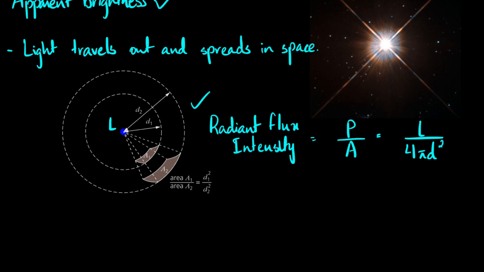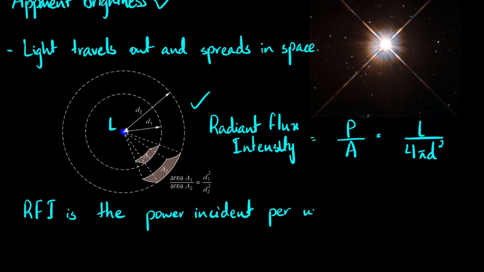So if we were to define this, the radiant flux intensity is the power incident per unit area, right? So this is intensity of a sort. We know the basic formula for intensity is power upon area when radiation is normally incident to this area, right?